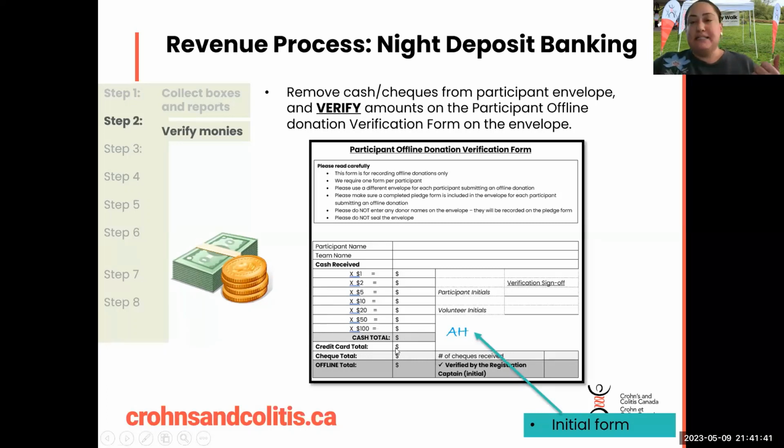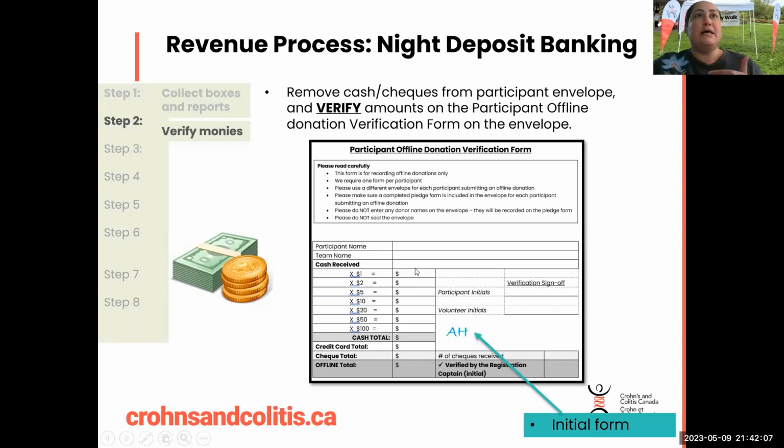If it says credit card, it does not mean online donation. Credit card means the participant wrote the credit card number for us to process. So if you see a credit card total, you can look at the pledge form to see if there is actually a credit card provided. In that case, you can enter that amount too.